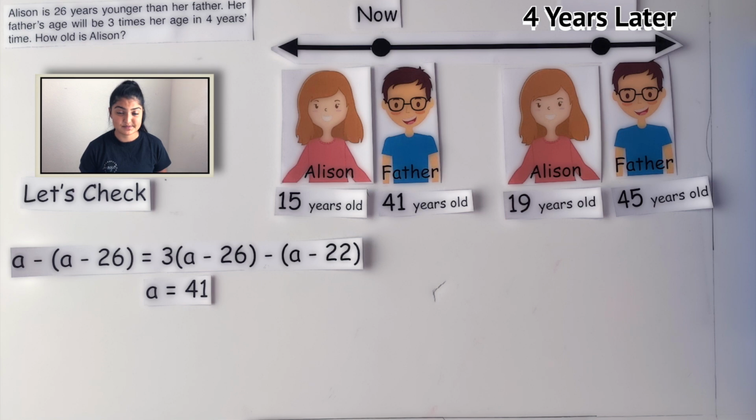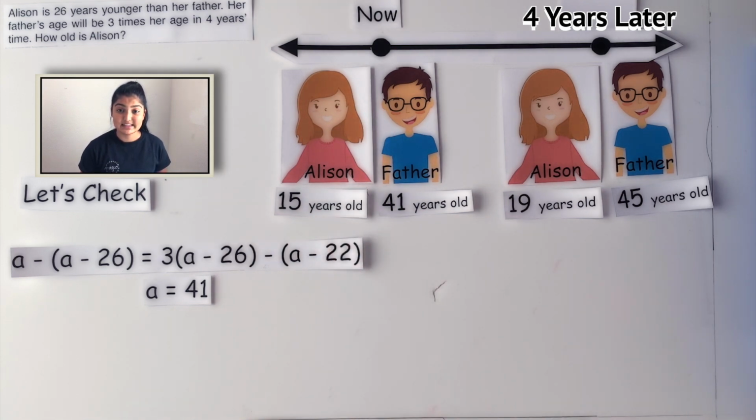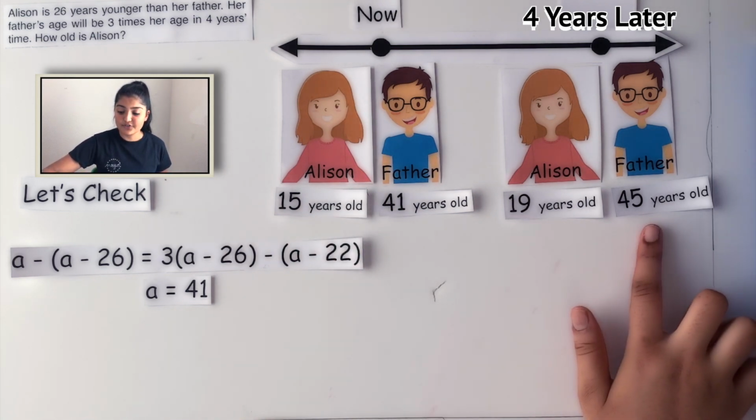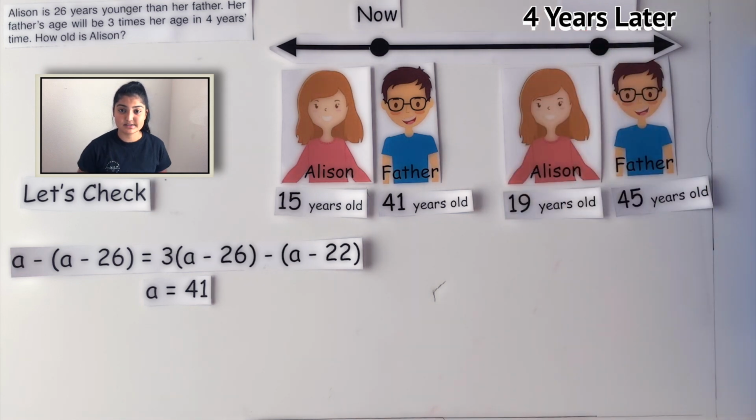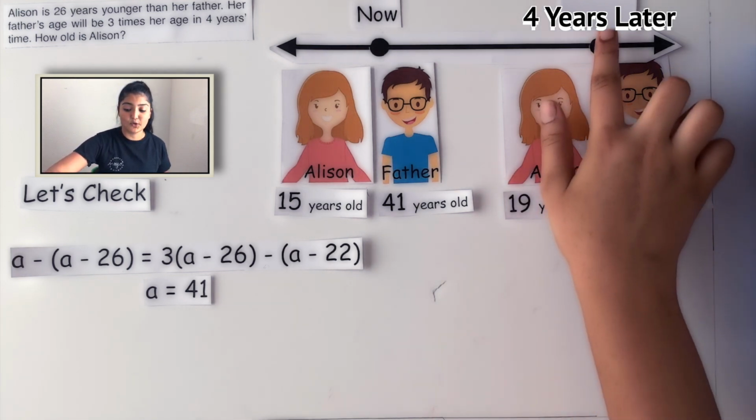In other words, 3 times Alison's age now is equal to her father's age in 4 years. So, to check, we can do 3 times 15, which gives us 45, which is in fact her father's age in 4 years.